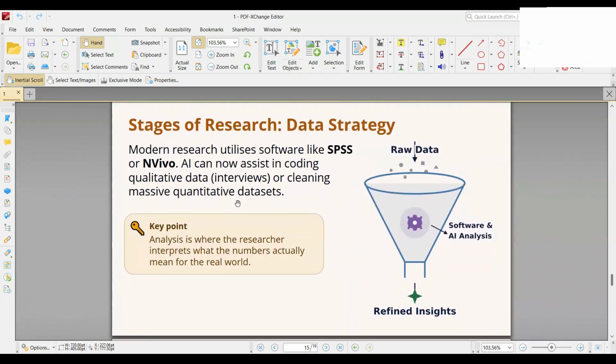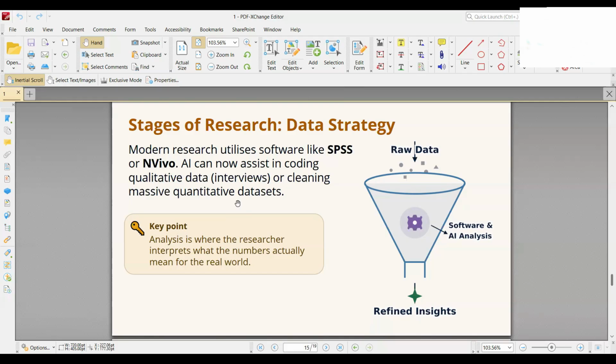For the data strategy, when we look at this process, we can see how we turn large amounts of information into something truly meaningful. We start by feeding raw data into the funnel, which then uses software and artificial intelligence analysis to filter and process what matters.